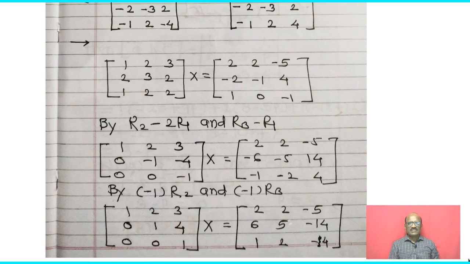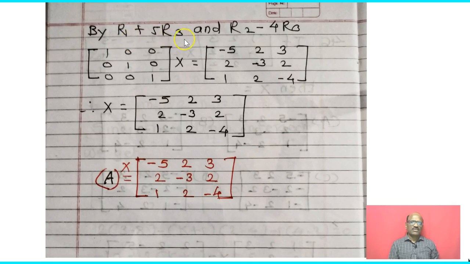Now next, by the operation R1 plus 5 times R3 and R2 minus 4 times R3, you will get the identity matrix 1 0 0; 0 1 0; 0 0 1 into X equals minus 5 2 3; 2 minus 3 2; and 1 2 minus 4. Here identity times X is X, therefore X equals minus 5 2 3; 2 minus 3 2; and 1 2 minus 4, and hence option A is the correct one.